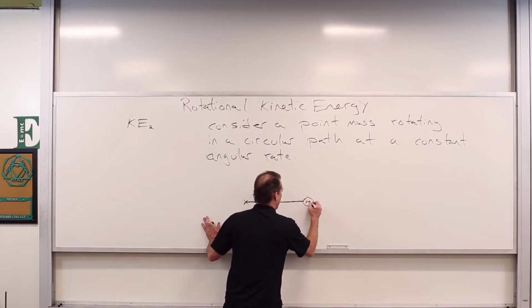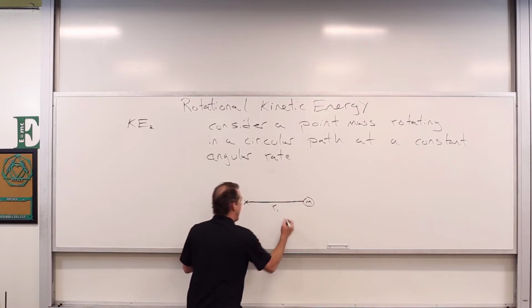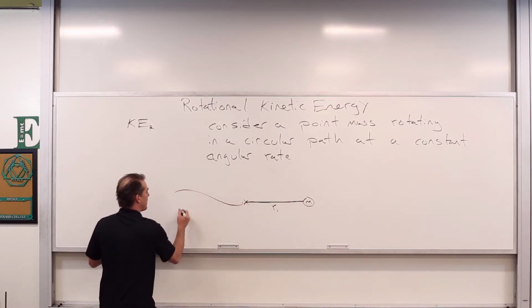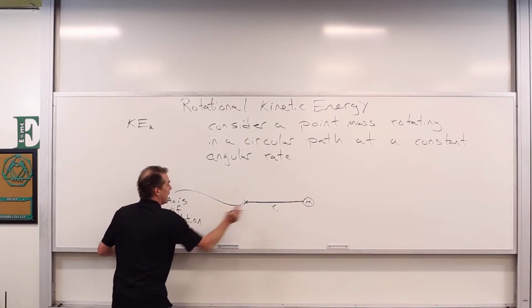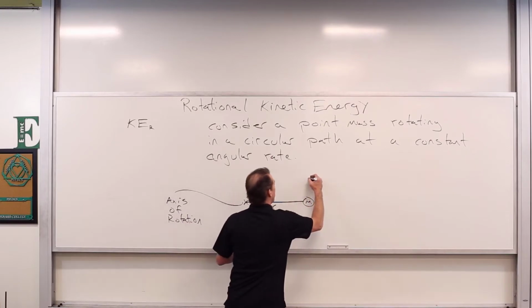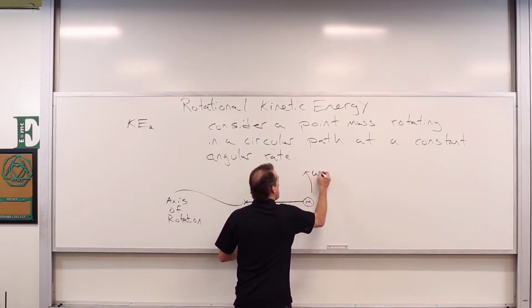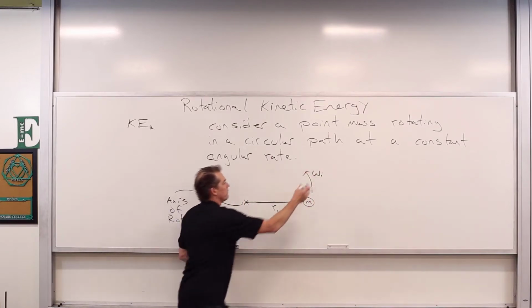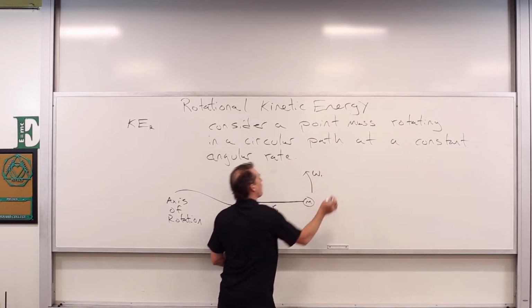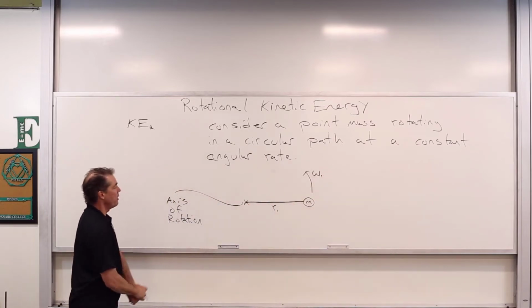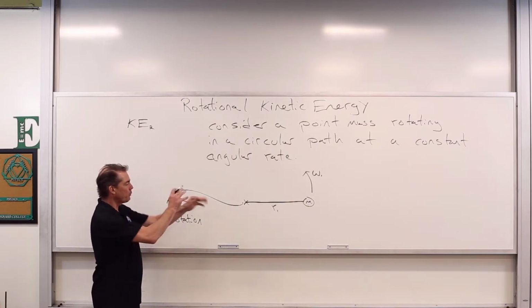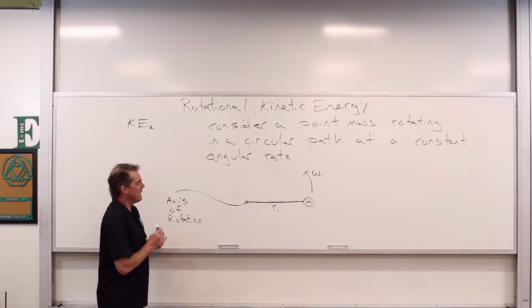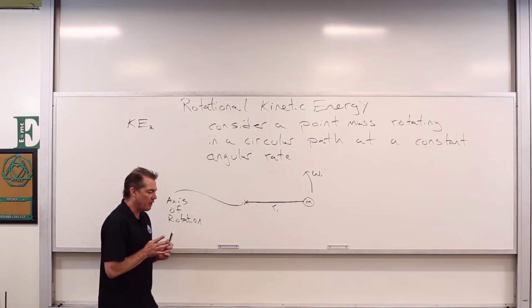We'll take some point mass, I'll call it M1, and it is some distance R1 from the axis of rotation. It will be rotating around this axis of rotation with a constant angular velocity, omega sub 1. We'll say, well, what is its rotational kinetic energy?